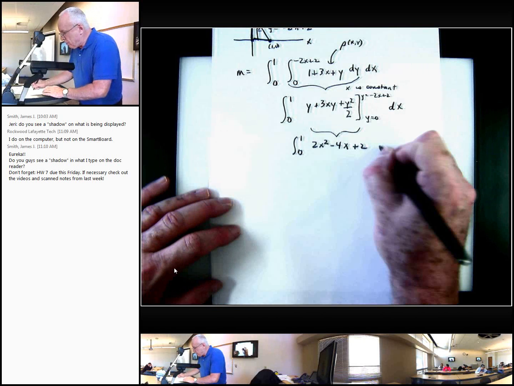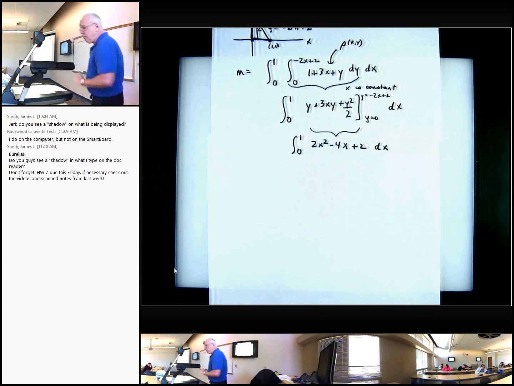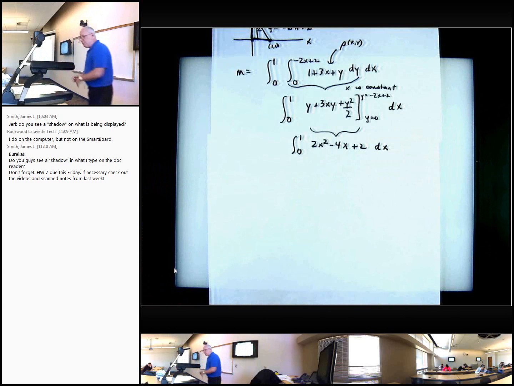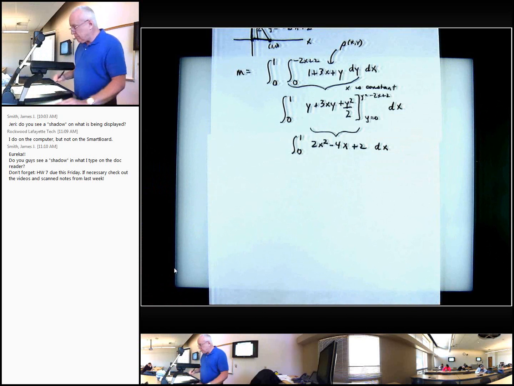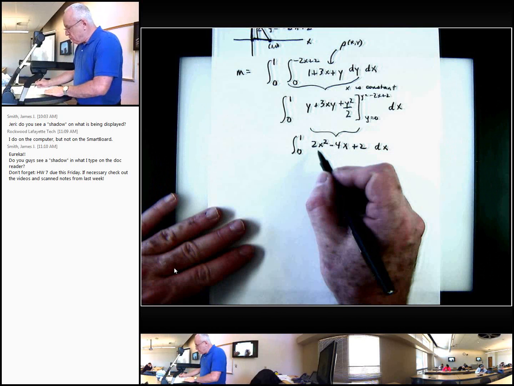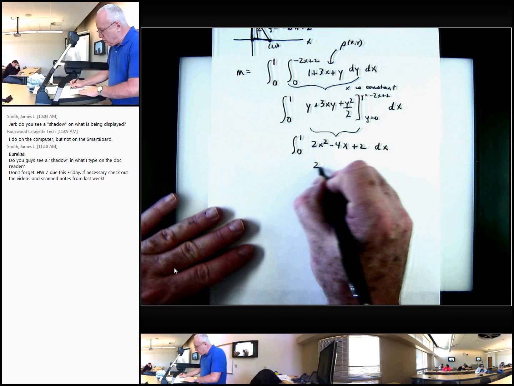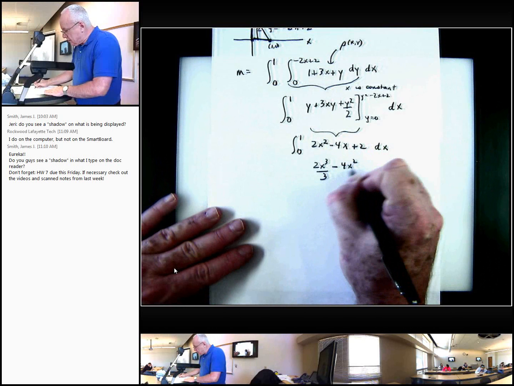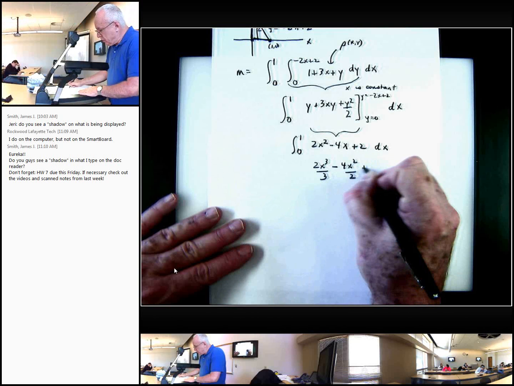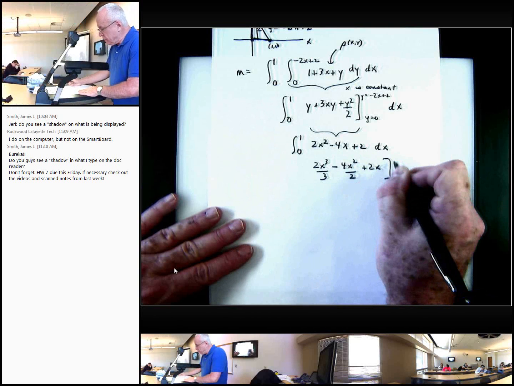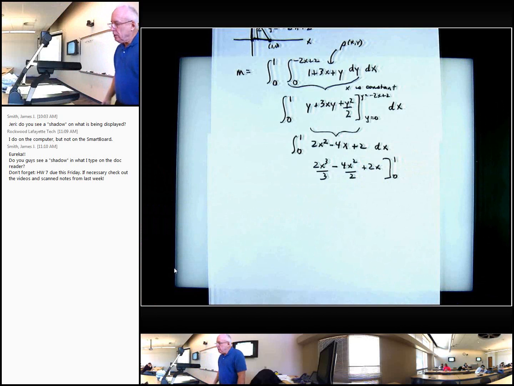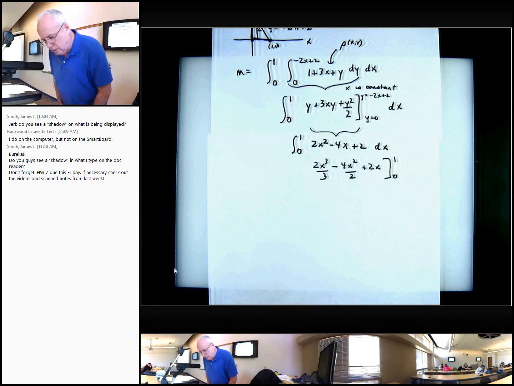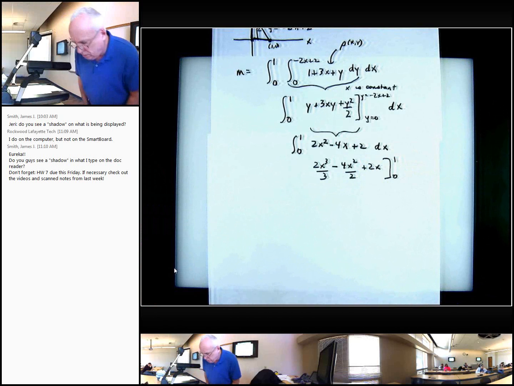And now we're going to do the outside integral, 0 to 1, with respect to x. And this isn't bad. So we now have 2x to the third over 3 minus 4x squared over 2 plus 2x, and we're integrating from 0 to 1. All right, so did I do, wait a minute, something, did I, wait a minute.